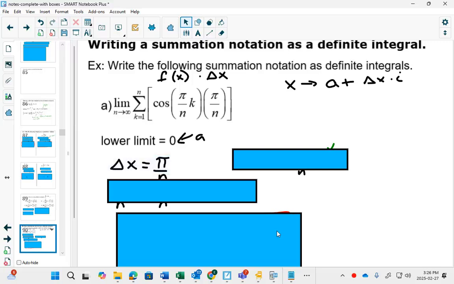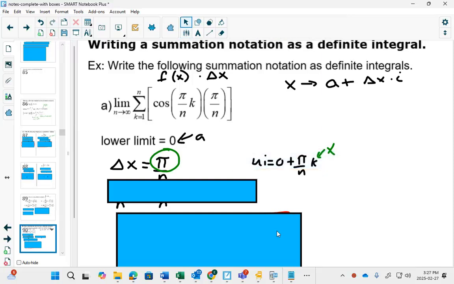My change in x is pi over n. Does it make sense that this top number, this pi, is your distance from a to b? If a is 0, does it make sense that your b value is going to be pi?